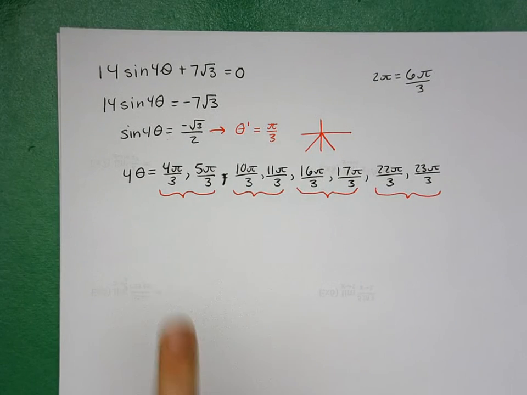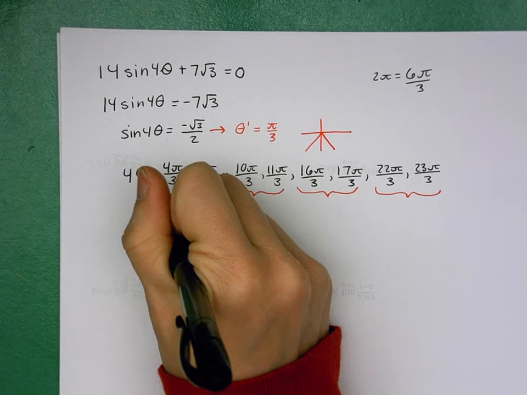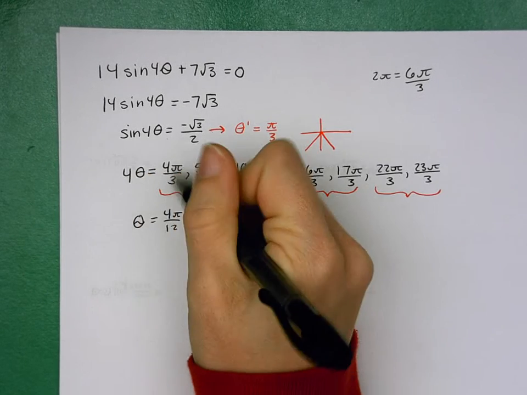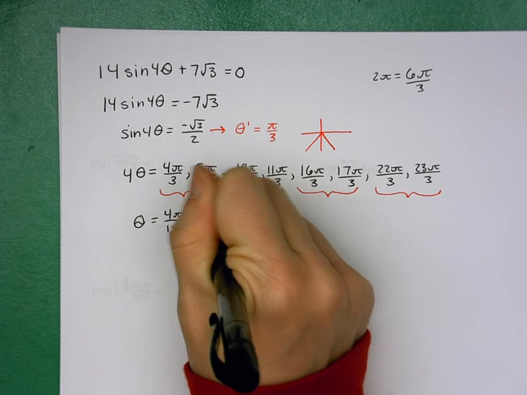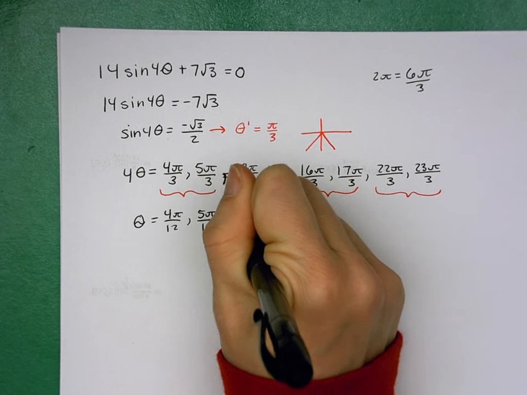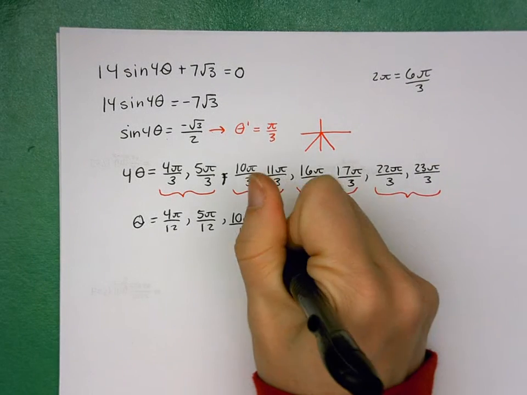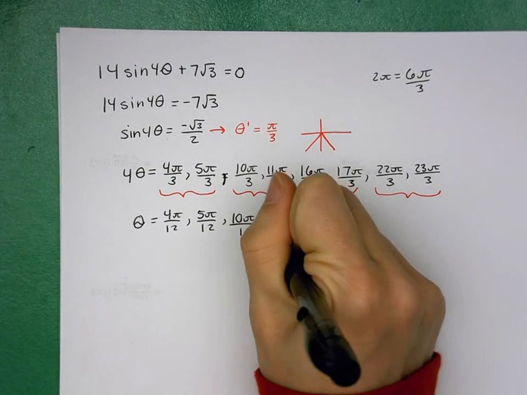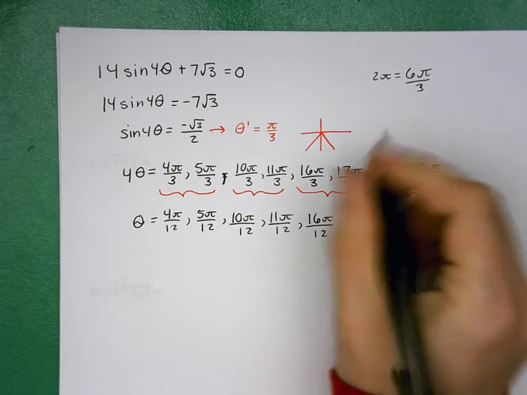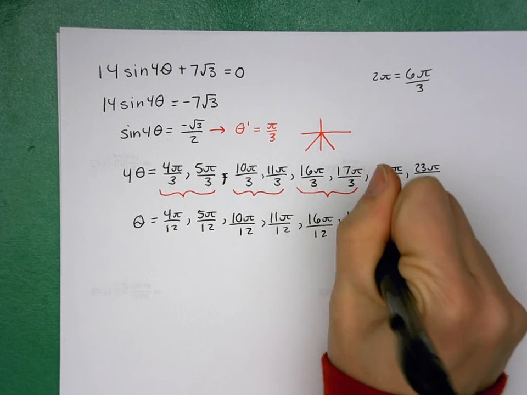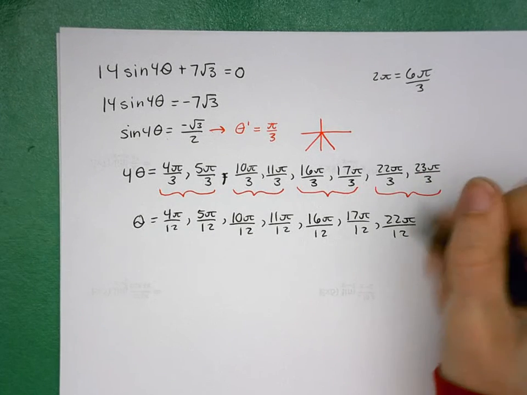Okay, and then solving for theta, dividing 4 through, or multiplying 1/4 all the way through, we have 4 pi over 12, which reduces to pi over 3. 5 pi over 12. 10 pi over 12, or 5 pi over 6, if reduced. 11 pi over 12. 16 pi over 12, or 4 pi over 3. 17 pi over 12. 22 pi over 12, or 11 pi over 6.